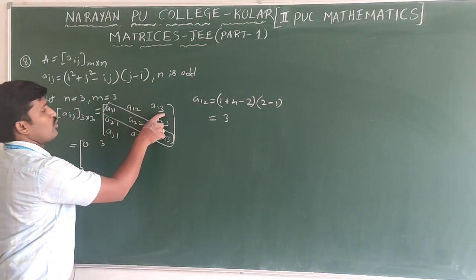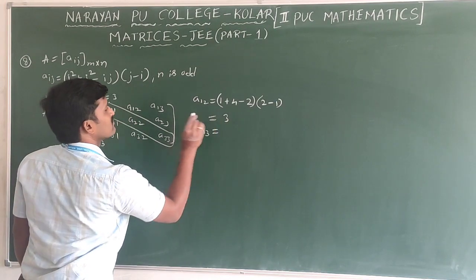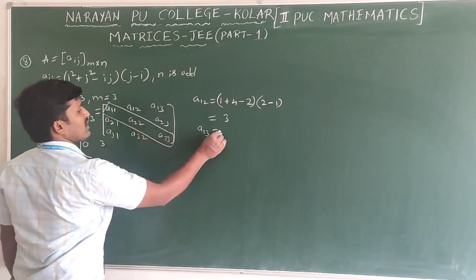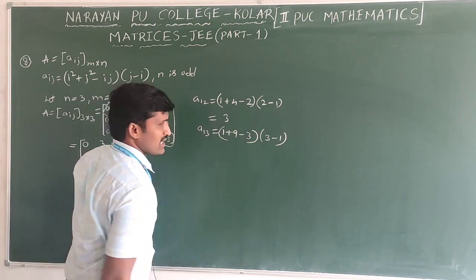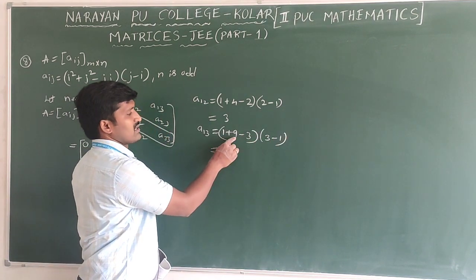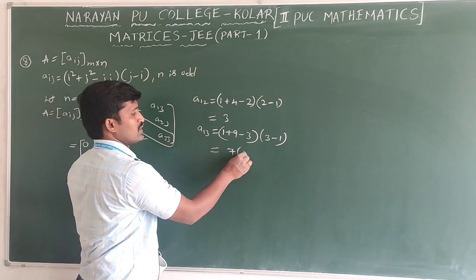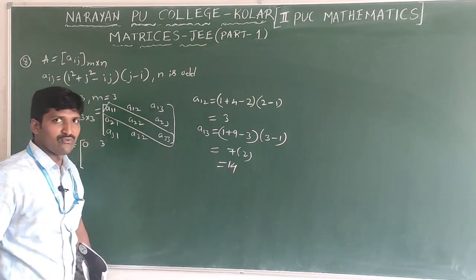Next, A13: 1 square, 1, plus 9, minus 3 into 3 minus 1. 10 minus 3 is 7, into 2, that is 14.